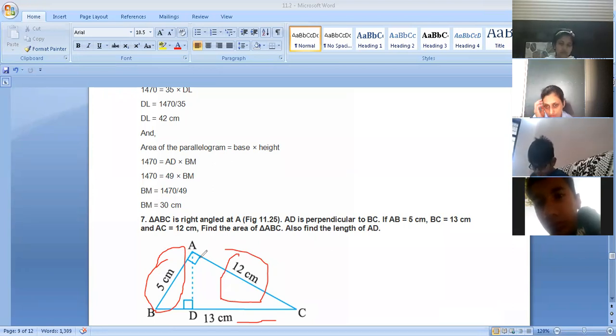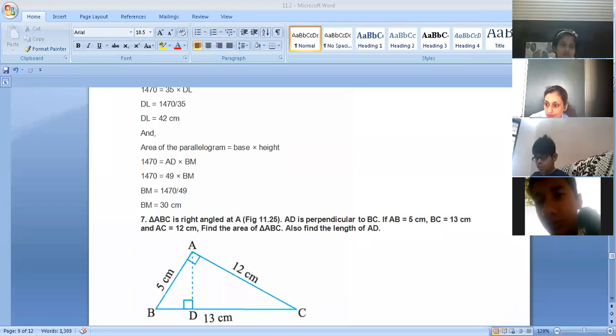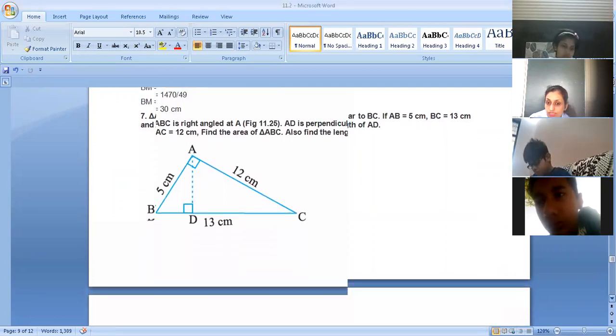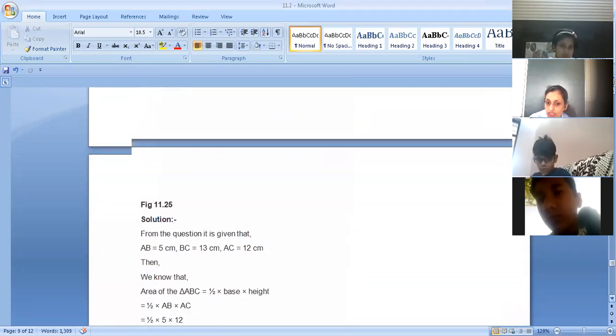So if A is the 90 degree angle, base will be AB and height will be AC. So multiply the value with half. How much will you be getting?